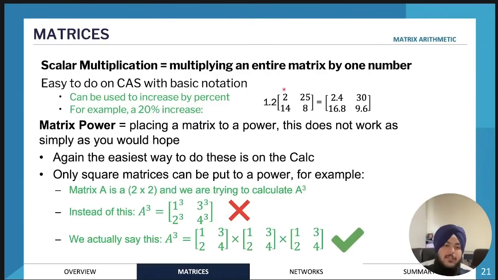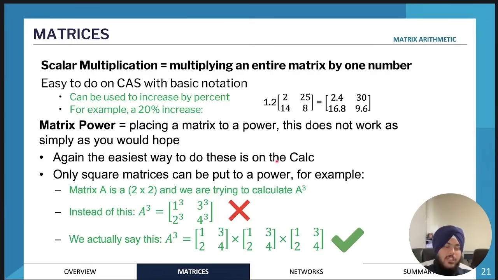So if we had the prices of various items in a store in a matrix, and we want to mark up the price, we can just use a scalar, so 1.2 in this case, because we want to mark up the price by 20%. And that will give us the new price. So similar to, if we go all the way back to Unit 3, seasonal indices. Very similar to that.